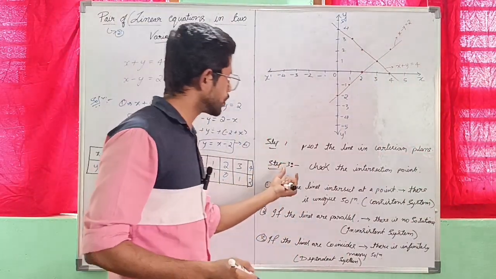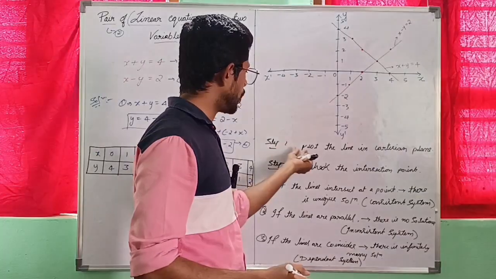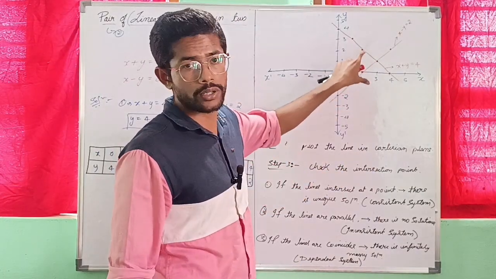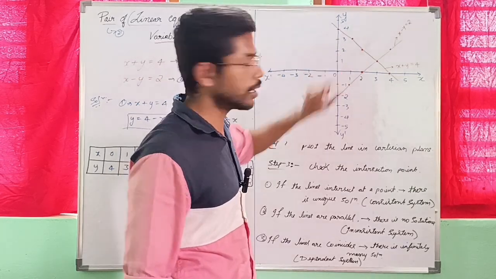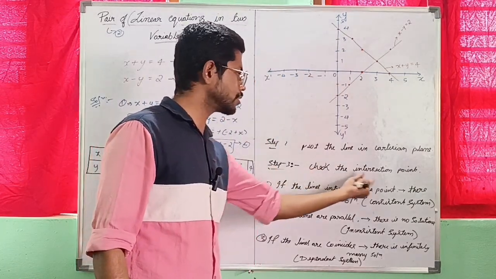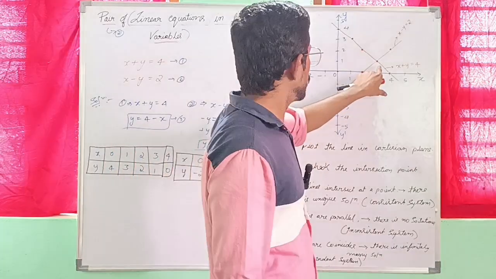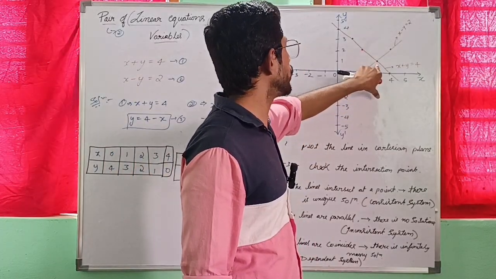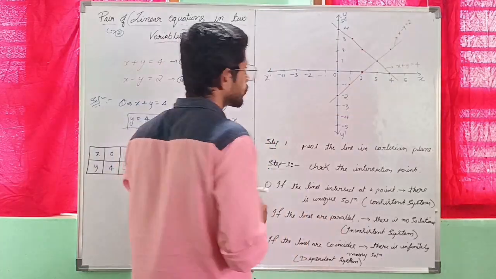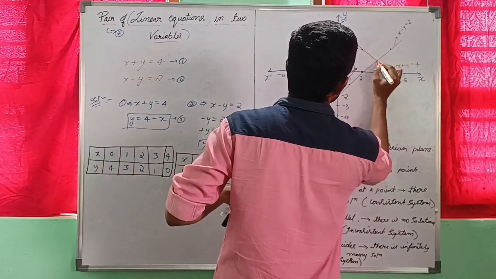In step 2, we had to plot the lines in the Cartesian plane, and that's what we did here. In step 3, we have to check the intersection point. This is the intersection point.